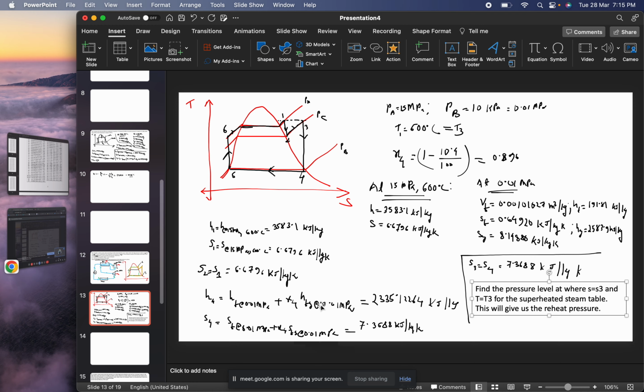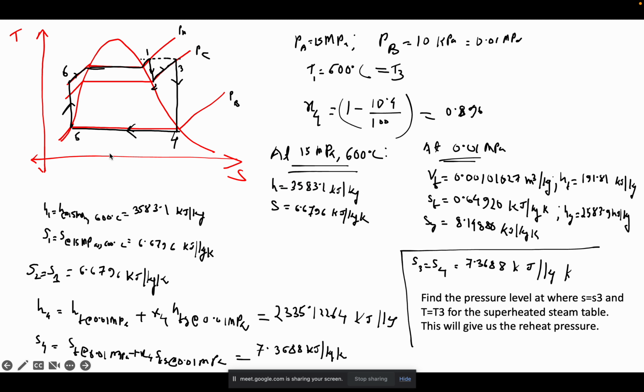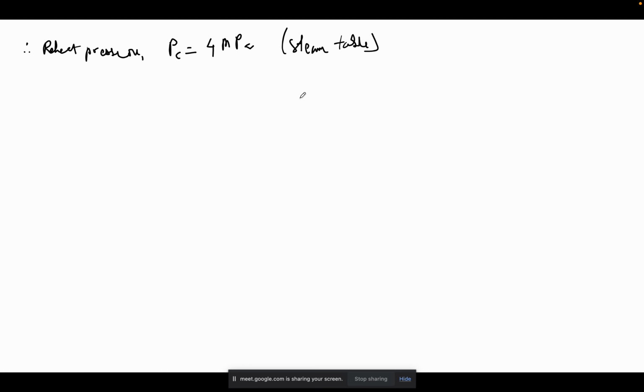So from here, the reheat pressure, that is my PC, is equal to 4 megapascal, and this is purely from the steam table. Okay, I have got this from the steam table.